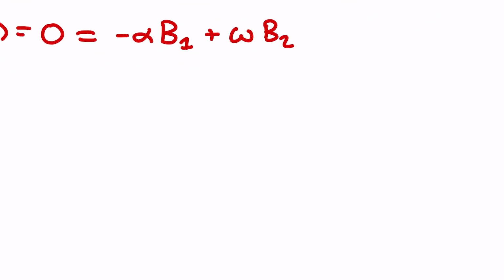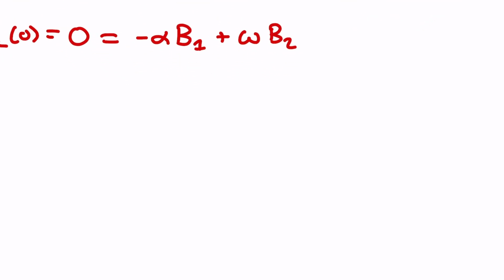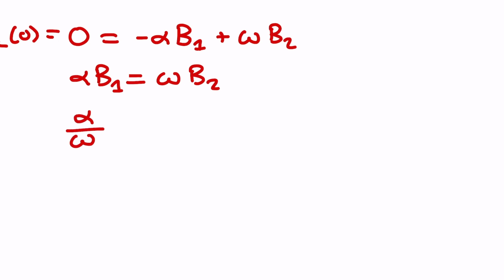Okay, cool. This is a lot friendlier of an equation to solve if you do some moving stuff around. Let's do that really fast to get B2 alone. So we know that alpha B1 is equal to omega D B2, right? And then we just divide. So alpha over omega D times B1 is equal to B2, right?